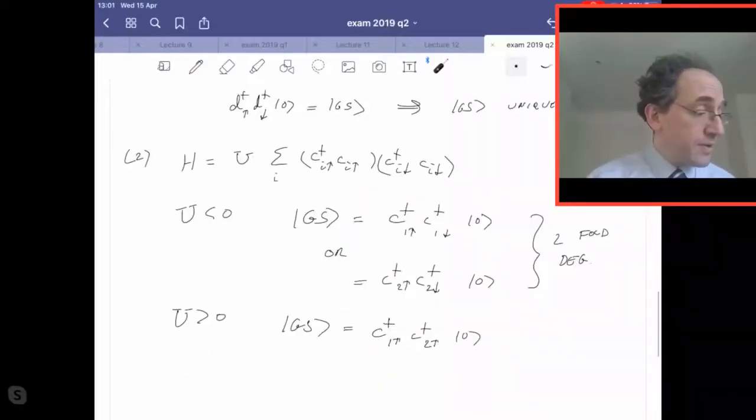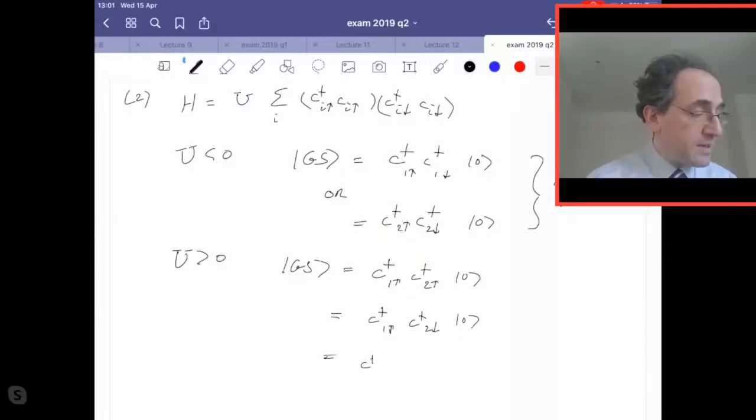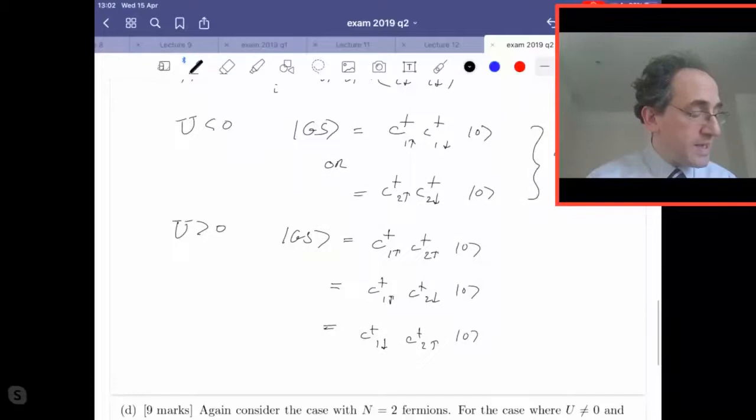But you could also change the spins around: c dagger 1 up, c dagger 2 down on 0, or the other way around, c dagger 1 down, c dagger 2 up on 0, or c dagger 1 down, c dagger 2 down on 0.